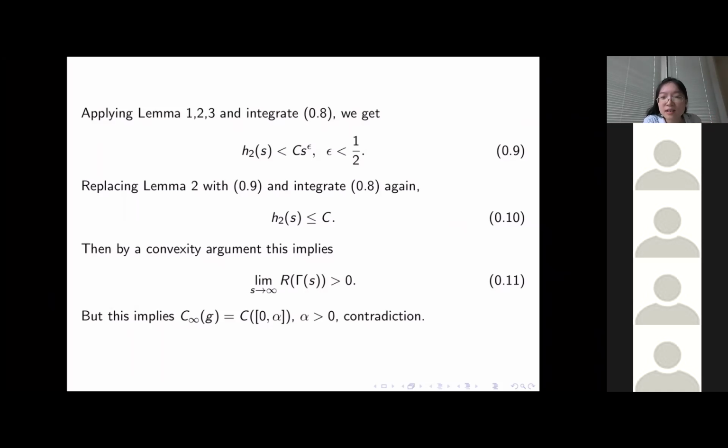Another question in the chat: is there a compact ancient solution which has positive curvature and is collapsing? Thanks for the question, it's also a very good one. Let's just focus on dimension 3, and the answer is yes.